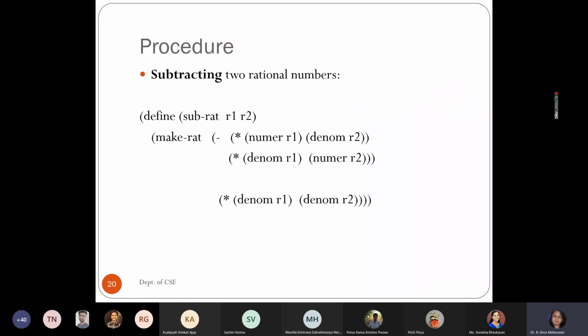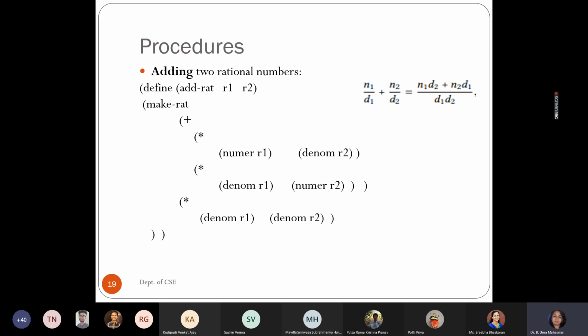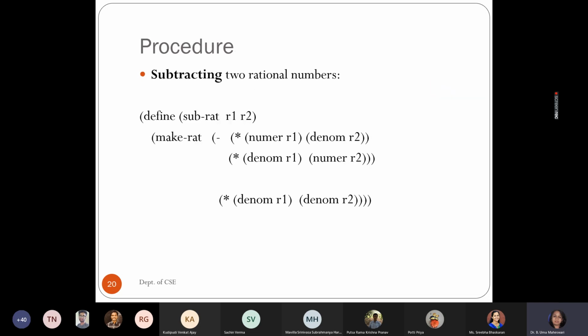Let's take subtraction, how to perform it. If I understand how to add two rational numbers, the same thing I can do for subtraction as well, right? So how to perform the subtraction? I have my expression here in my hand. This is the numerator part, this is the denominator part, and I have to construct a pair.